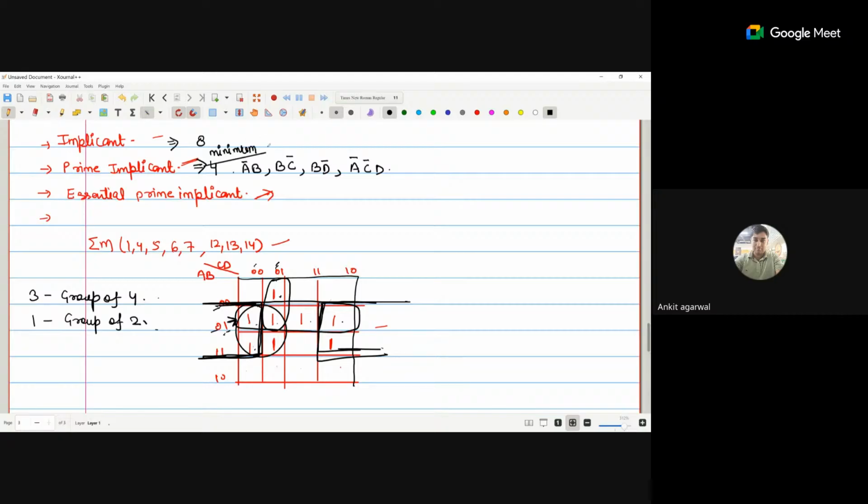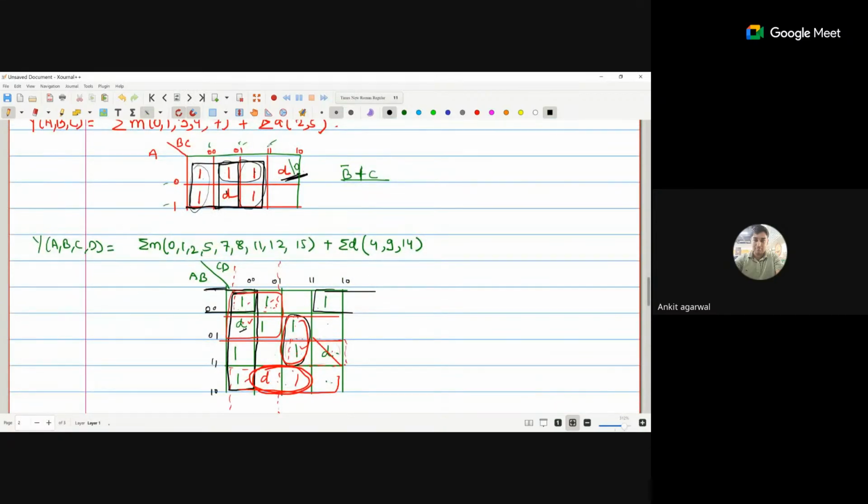For example, in the previous question, we are creating three groups. One group is this one, one group is this one, and one group is this one. Here the number of terms is higher than what we are considering. We are considering this one and this one. So what is the prime implicant?